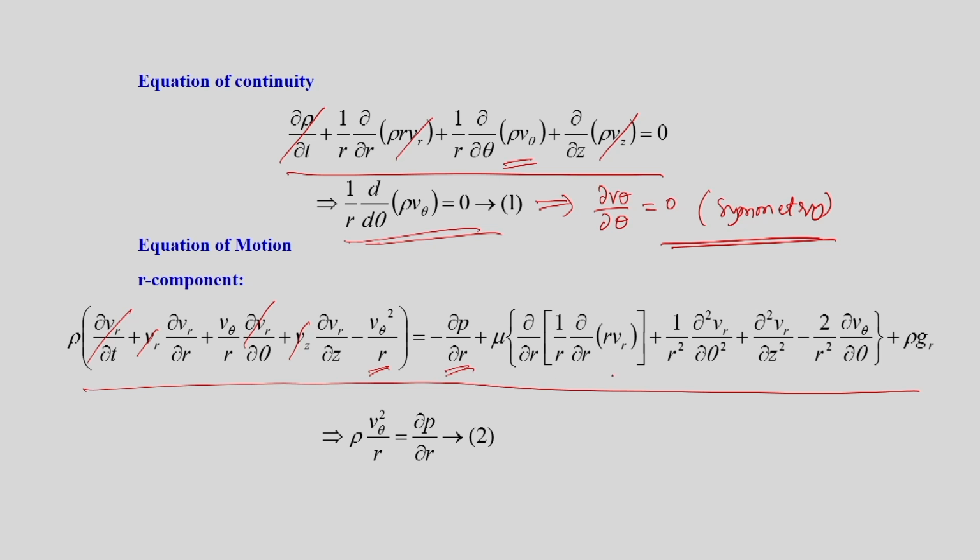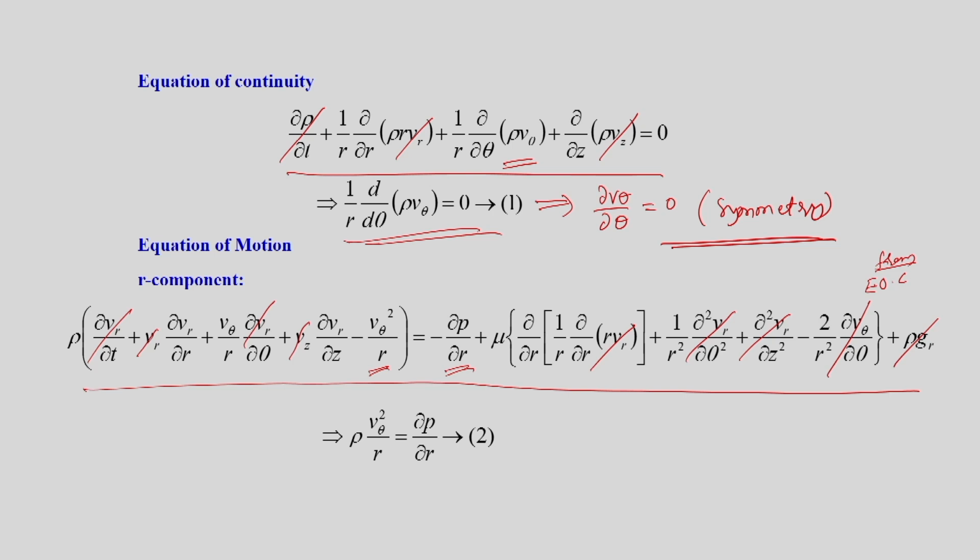About the velocity, Vr is not existing, so these three terms are cancelled out. Vθ is existing, but ∂Vθ/∂θ is 0 because of the symmetry that we got from the equation of continuity. And then in the radial direction there is no gravity.